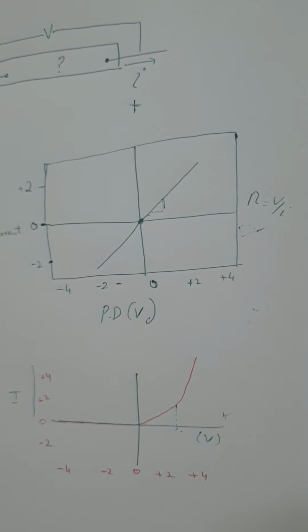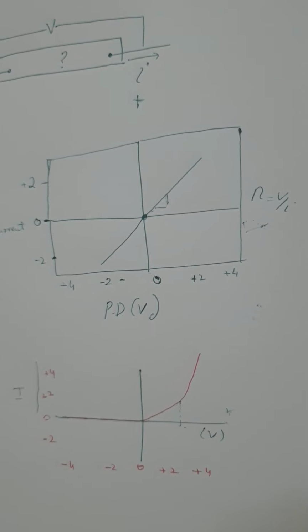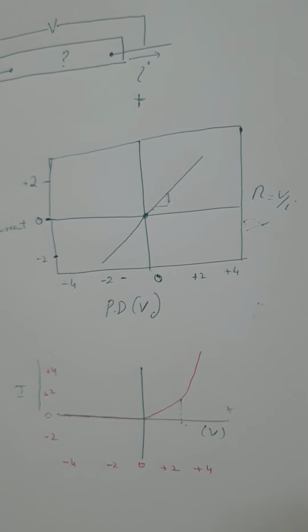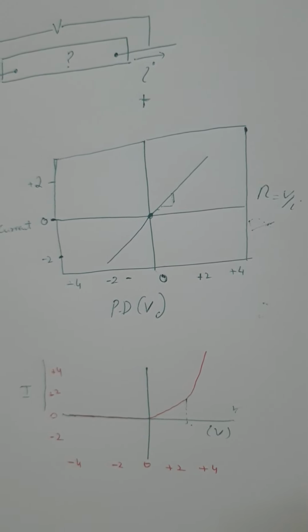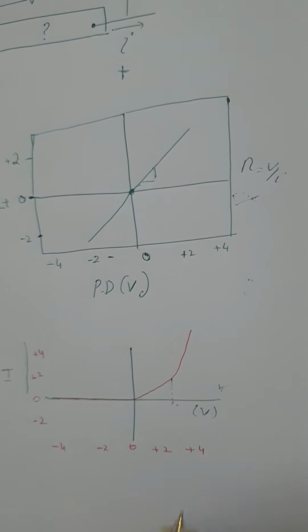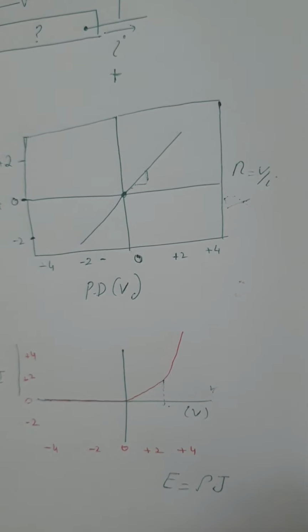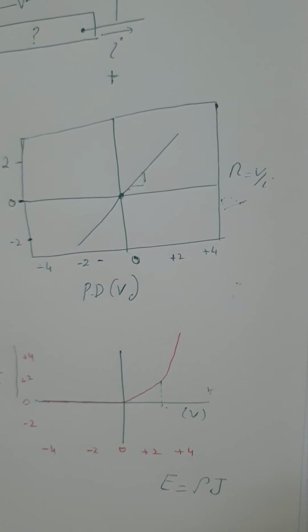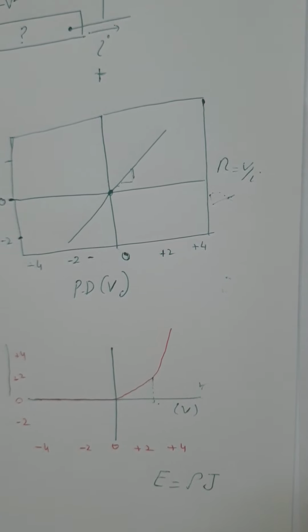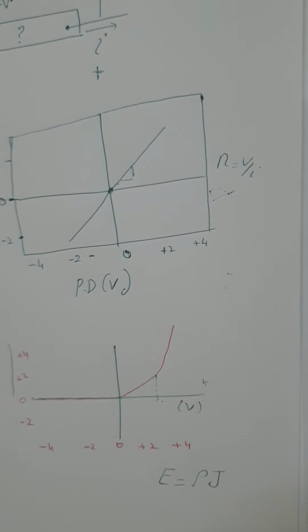We can generalize this form of Ohm's law for conducting materials, in this form: E is equal to rho J. A conducting material obeys Ohm's law when the resistivity of the material is independent of the magnitude and direction of the applied field.